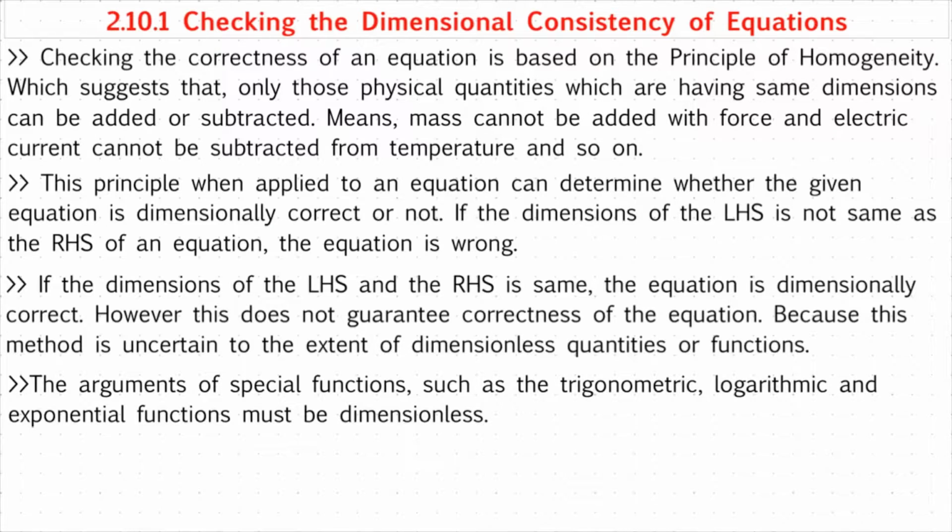In short, if the equation has some dimensionless quantities or functions like trigonometric, logarithmic, and exponential functions, then this method does not tell us whether the equation is exactly correct or not, because these dimensionless quantities and this type of functions cannot be checked.